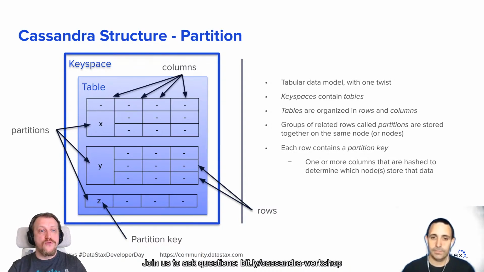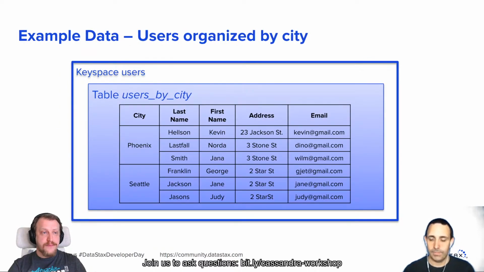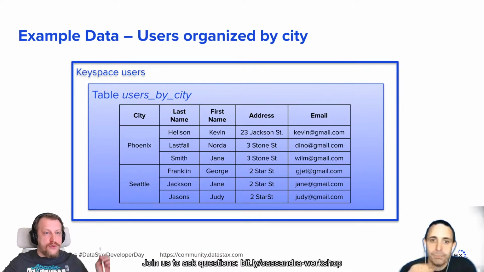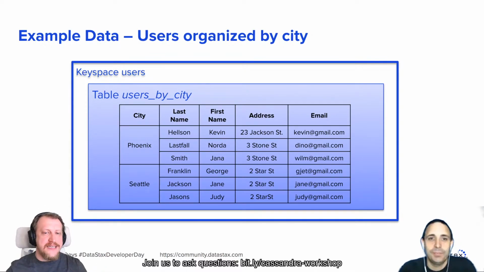That's one of the ways to group the data into partitions. Example data: users organized by city. So we have keyspace users and table users by city. In this partition, we have a typical users list with last name, first name, address, email, and so on.